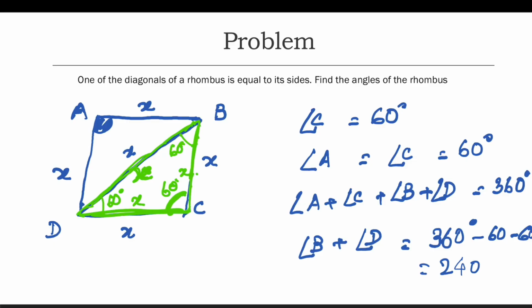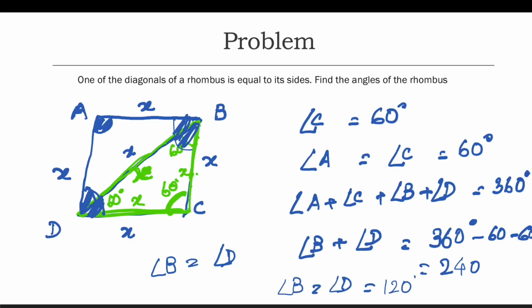Now since angle B and angle D are equal, this full angle of rhombus, and this angle, are equal. So angle B equal to angle D equal to 120. As I said, it's a one line problem if you look at it.